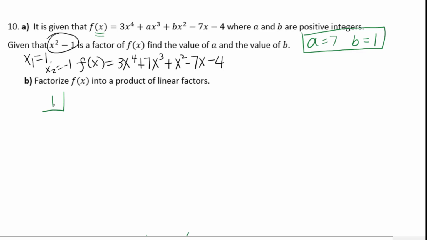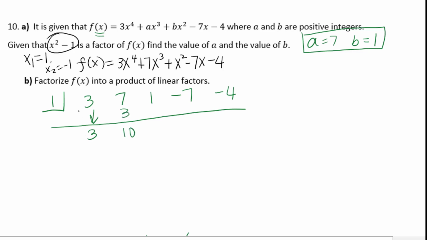Let's do 1 first. No missing power. So 3, 7, 1, -7, -4. Bring down 3. 1 times 3 is 3, adding 10. 1 times 10 is 10, adding 11. 1 times 11 is 11, adding 4. 1 times 4 is 4. So we get 0 here.